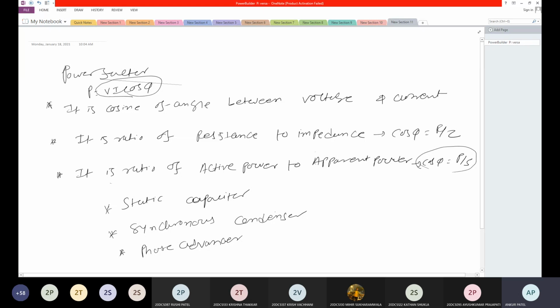By these three methods, we can improve the power factor up to 0.95. One is not possible, because there will be loss in the circuit, as I explained in the earlier lecture. So the most economical power factor is 0.95. By these methods, we can improve the power factor, or we can say we can reduce the reactive component of current.